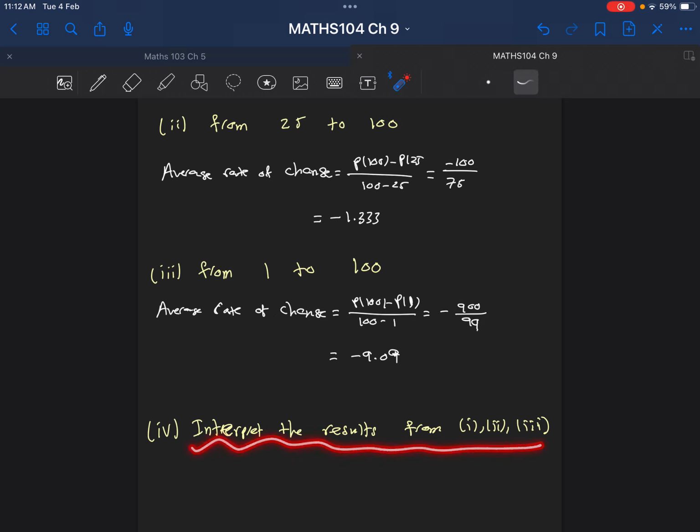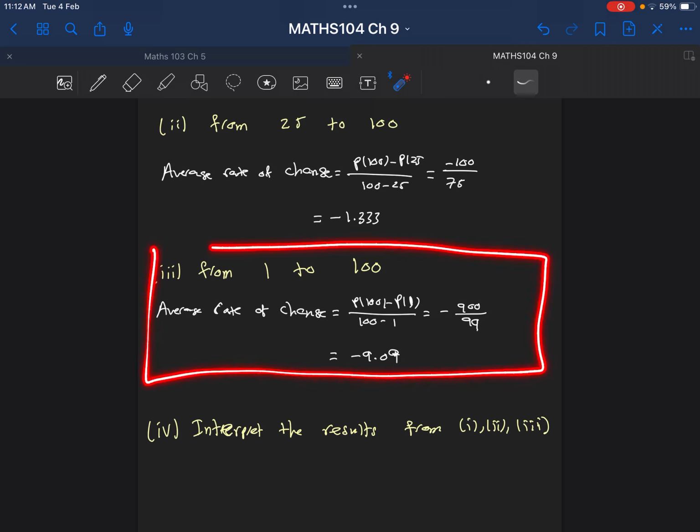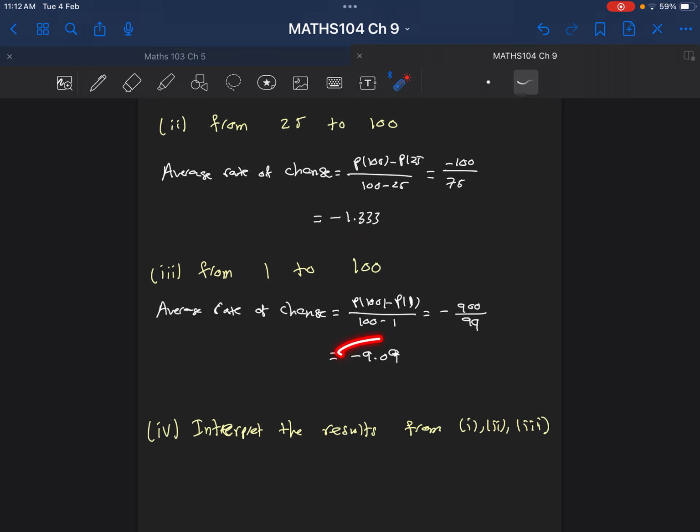Now, part D, where we need to explain a little bit more, which is to interpret the results from parts 1, 2, and 3. Let me start with part 3. If we just take part 3, that means for every increase in the quantity by 1, the price will drop by 9.09.